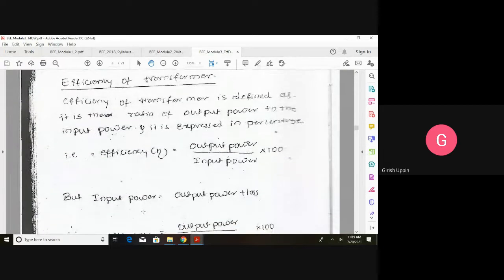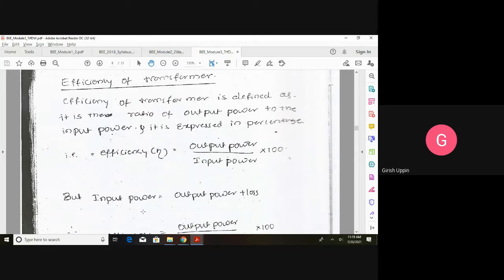Now, what is the efficiency of the transformer? The efficiency of the transformer is normally very, very high. The reason is that a transformer doesn't have any moving parts, so definitely the efficiency is very high. In the exam, if you get any problems based on efficiency and there are no issues with the given data, you should normally get a value greater than 90%.